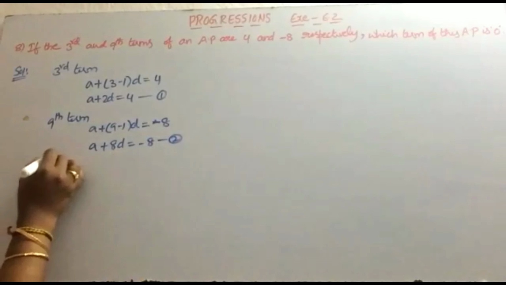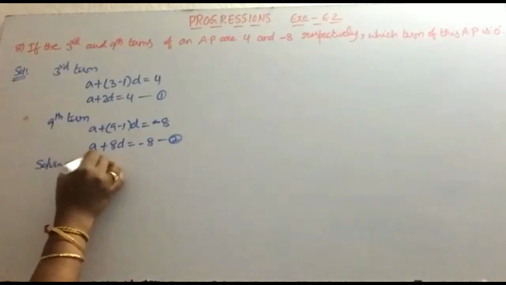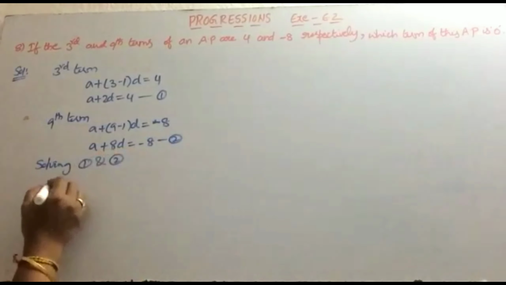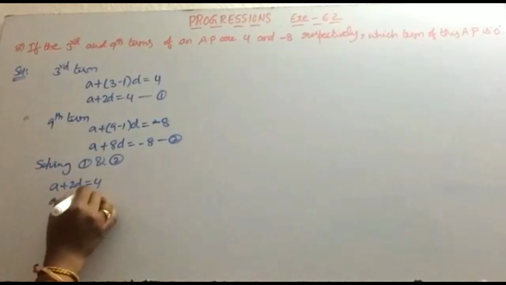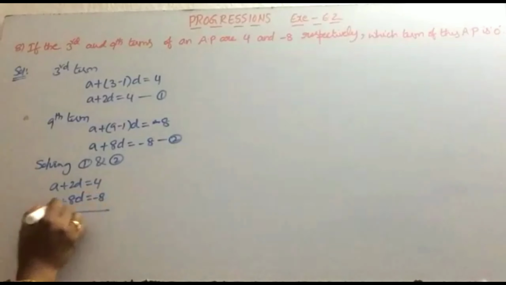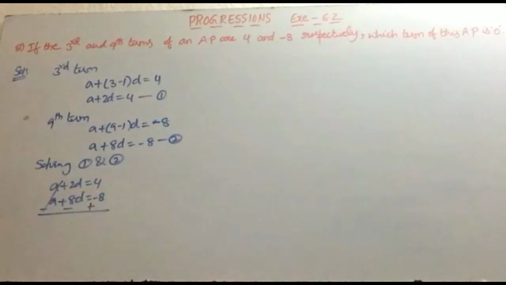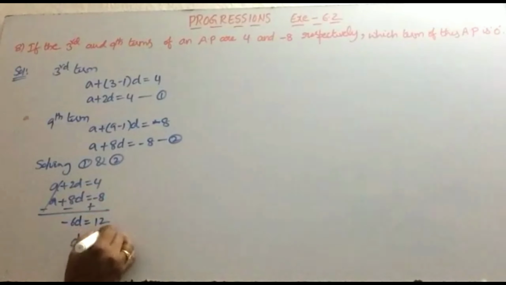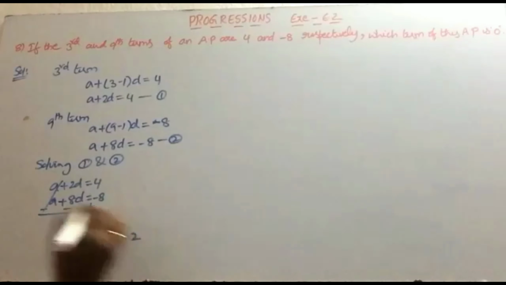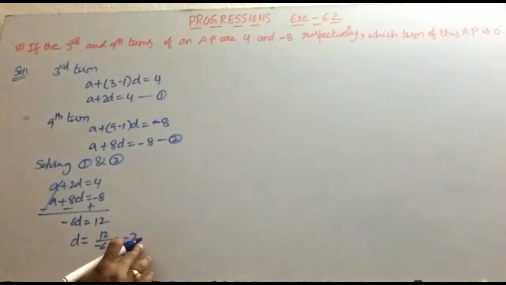So solving 1 and 2, A plus 2D is equal to 4, A plus 8D equal to minus 8. Minus, minus, plus. So minus 6D is equal to 12. So D equal to 12 by minus 6, that is minus 2. So D is equal to minus 2.